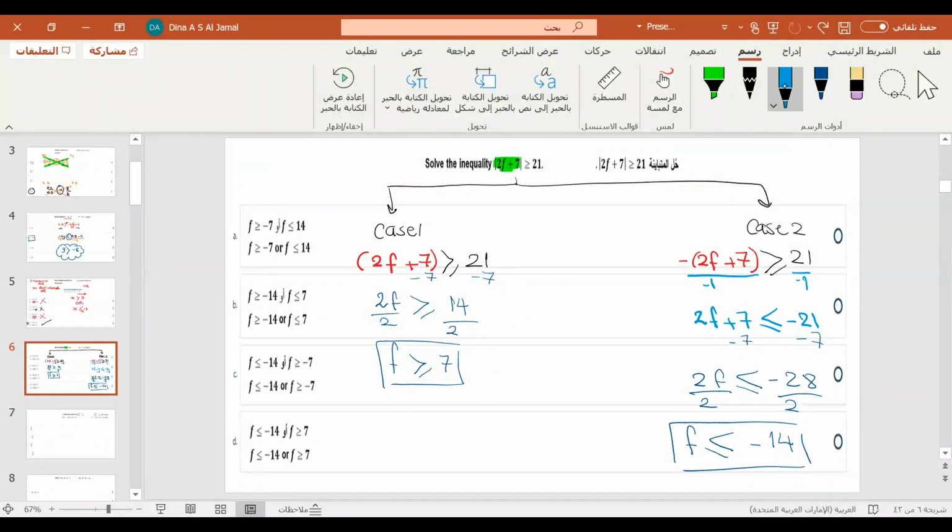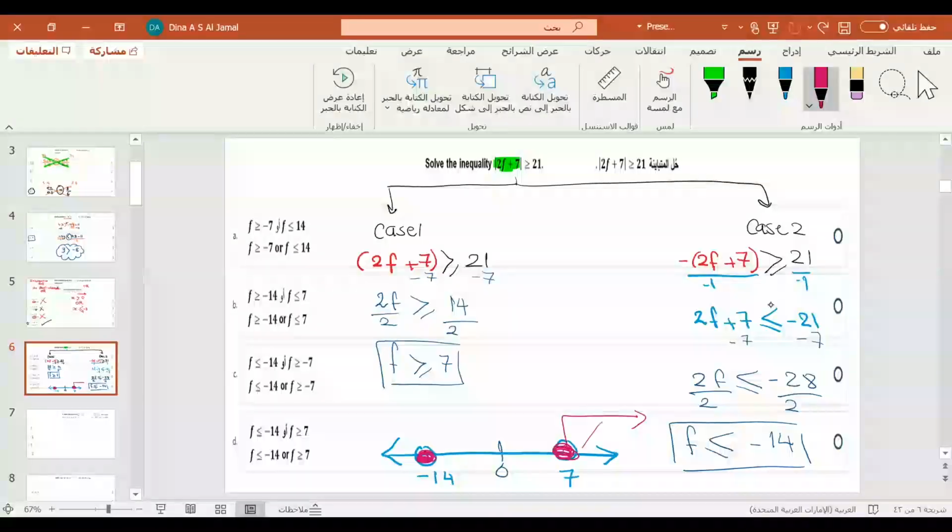Now if I would like to graph it, so I can know my solution set, roughly I will be sketching it. So I will be putting here a circle, minus 14, another circle on 7. So since both are closed, I will be coloring both of them. And now ask yourself, what are the values bigger than 7?